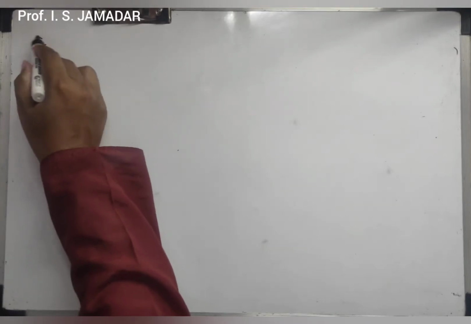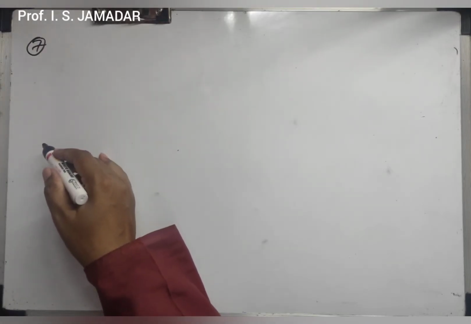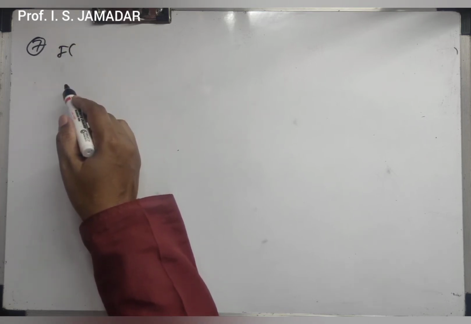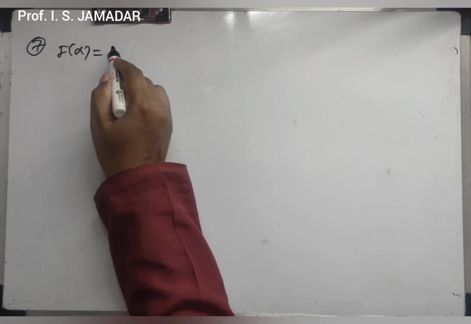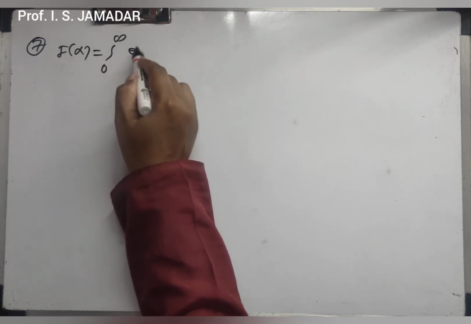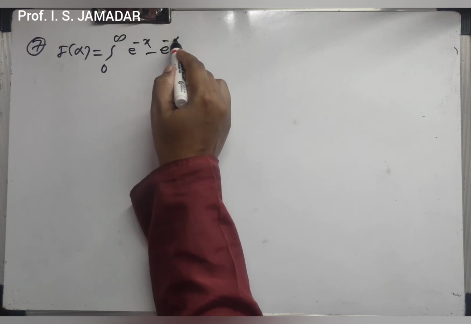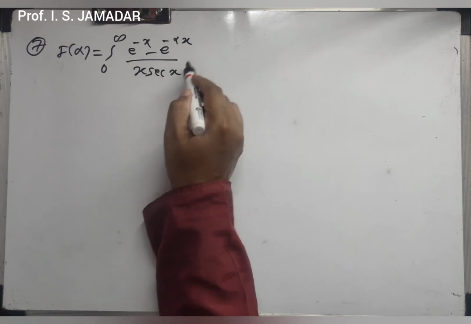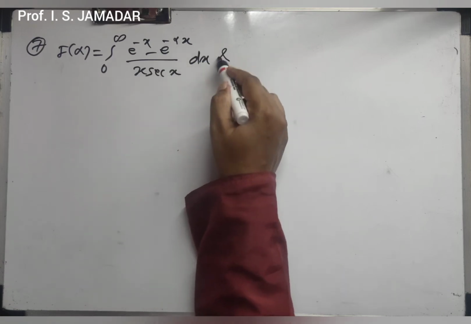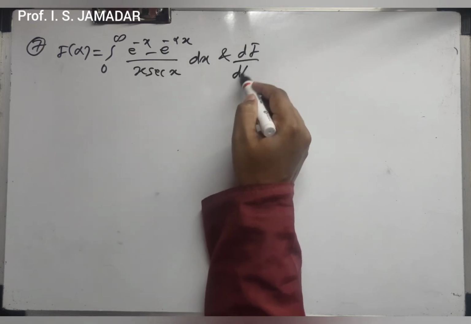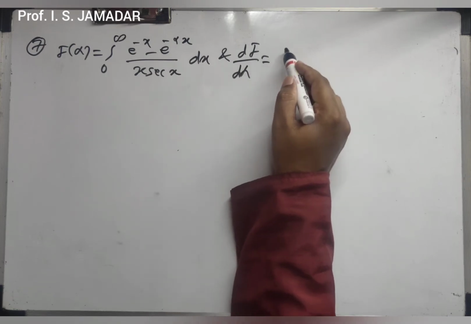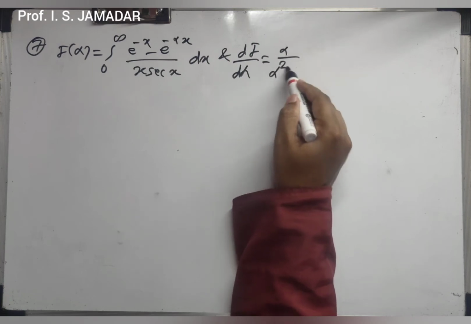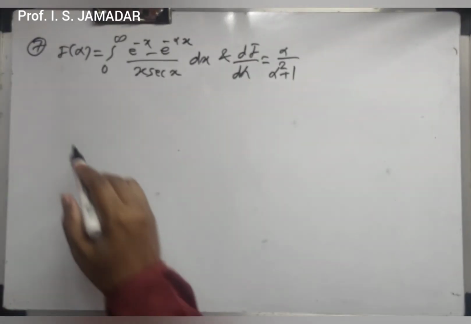This question number, seventh example, it is integration if I of alpha is equal to integration 0 to infinity e raised to minus x minus e raised to minus alpha x upon x sec x dx, and di by d alpha is also given as alpha upon alpha square plus 1.